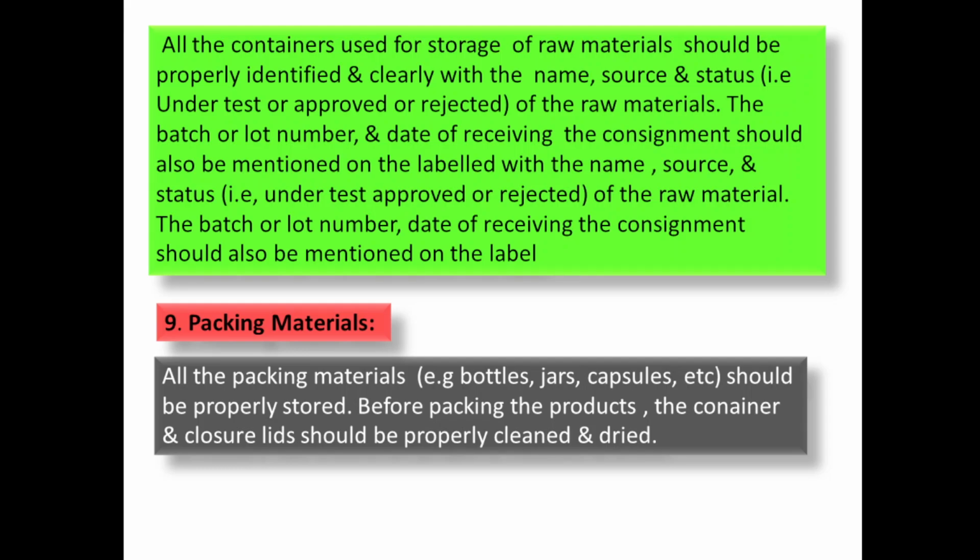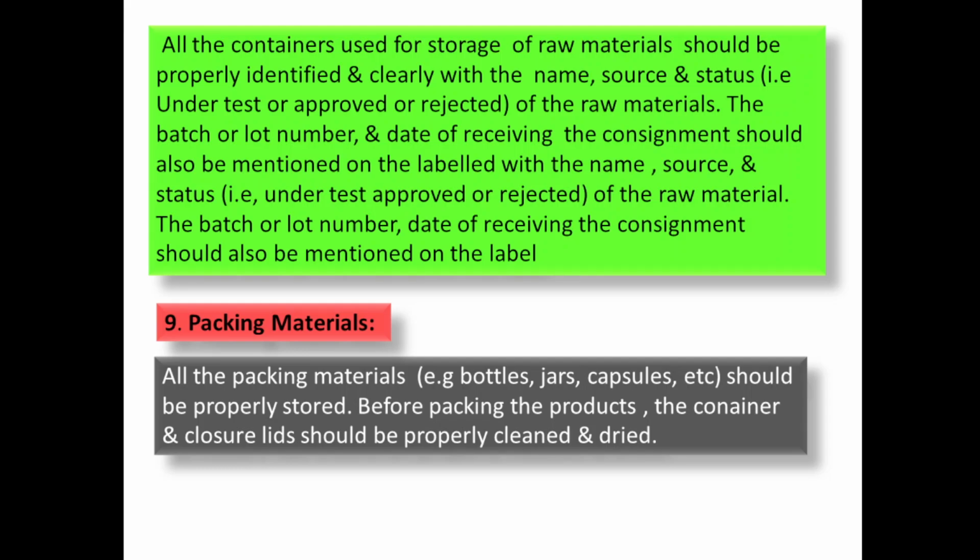Otherwise, what will happen? Mixing of raw material or adulteration will occur. Sometimes rejected or unapproved material is mixed with approved, good quality material, and that will also result in deterioration in the quality of the herbal formulation.